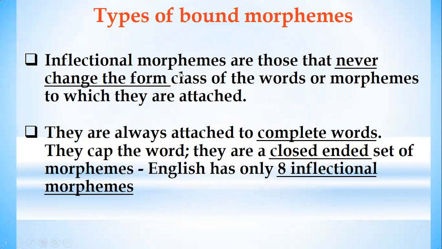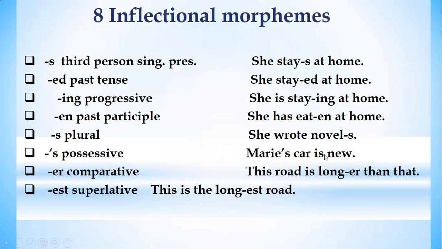They are always attached to complete words. The purpose of this is to complete the words. They cap the word and they are a closed set of morphemes. We have 8 inflectional morphemes. What are those? S, the third person singular; ed, the past tense; ing, the progressive.